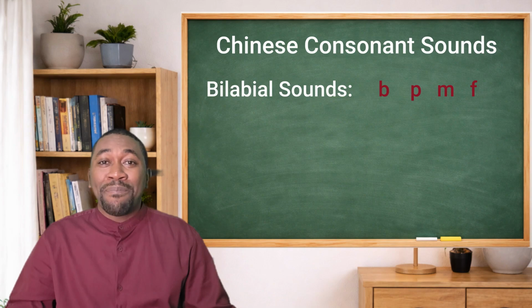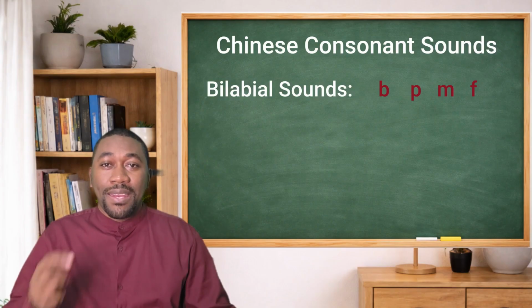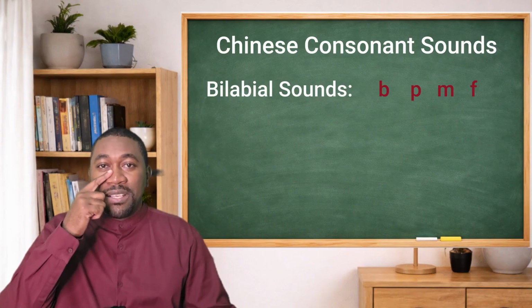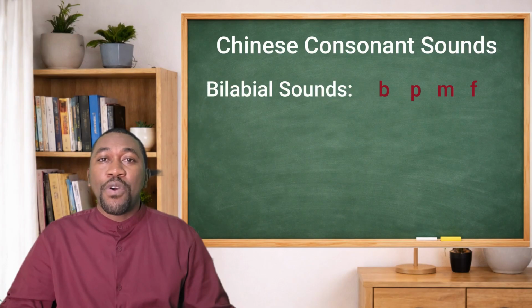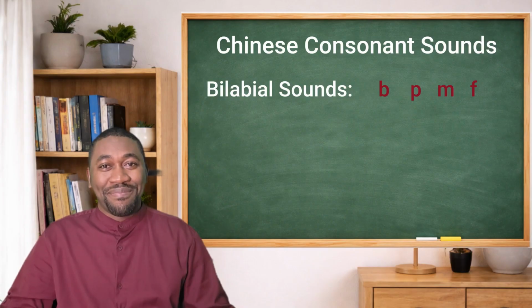Now the letter M, that is mo, mo, and it's a bit nasal, so you'll feel here vibrating. Mo, mo. And then we have the letter F. Fo, fo, fo. All right. So far, so good.